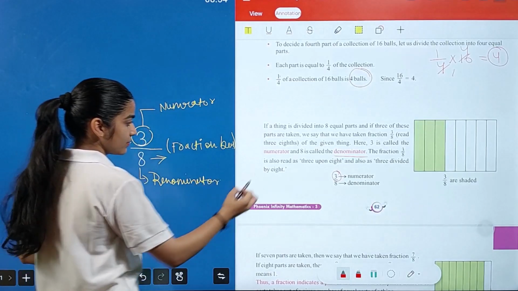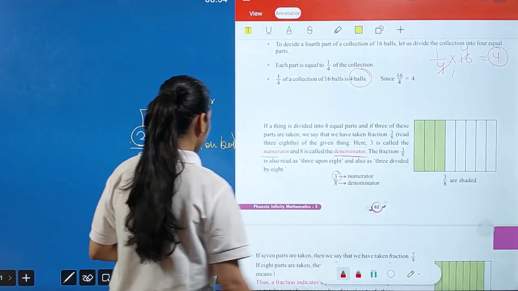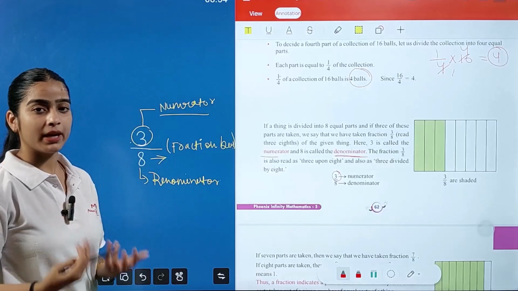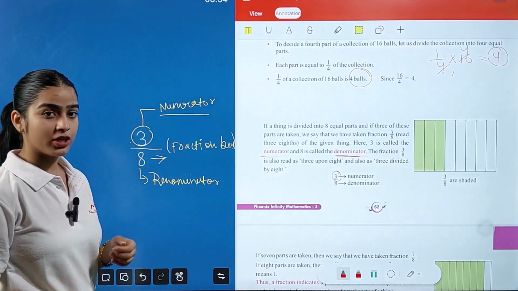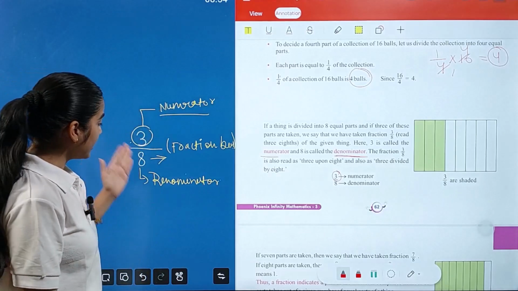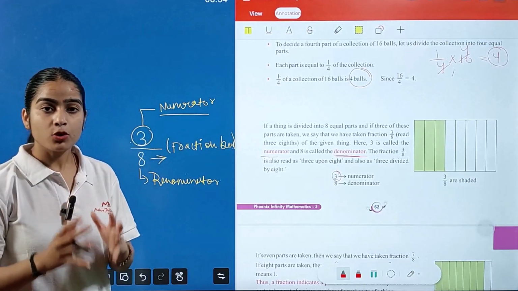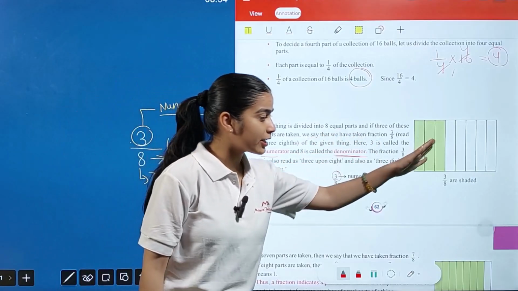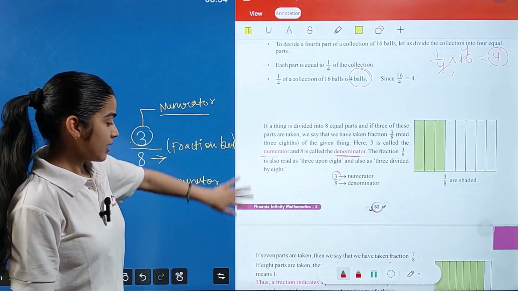The two things we learned in this section: the numerator is always question dependent, how much is taken by us, so it changes according to the question. And the denominator is how many total parts you have. For example, here we have a total of 8 parts, so it will be the same.